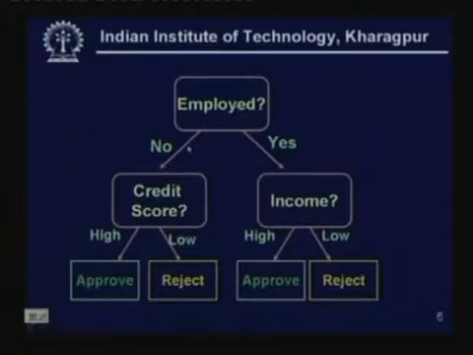From every internal node, there are a number of branches corresponding to the different values that this attribute can take. Employed can take the value of yes or no. Credit score can take the value of high or low. Income can take the values of high or low. So, this is an example of a decision tree.